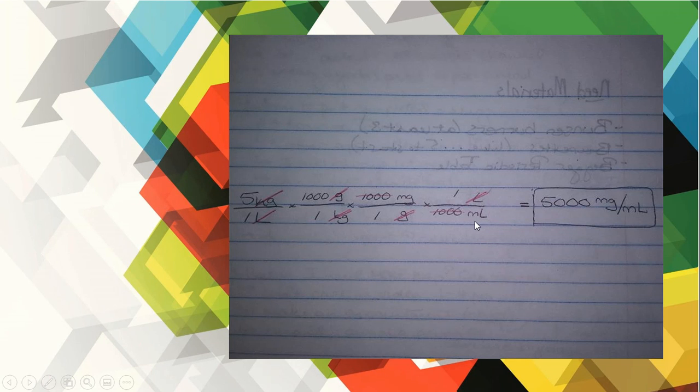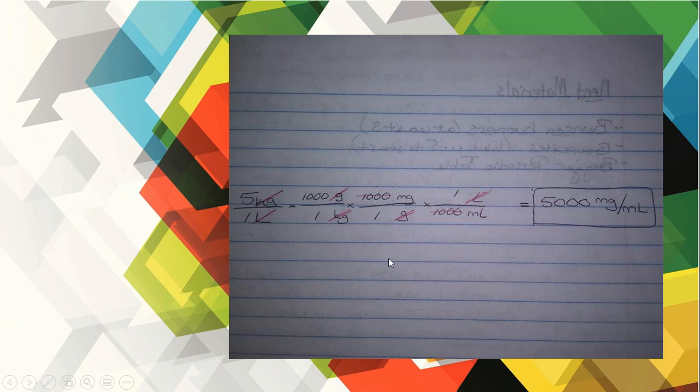After I plugged in my units, I went in and plugged in numbers. So we know that 1 kilogram has 1,000 grams in it, and that's our conversion factor. And similarly, 1 gram has 1,000 milligrams in it. On this side, we have 1 liter has 1,000 milliliters in it. How you remember that is those metric unit prefixes that I gave you in the last video.